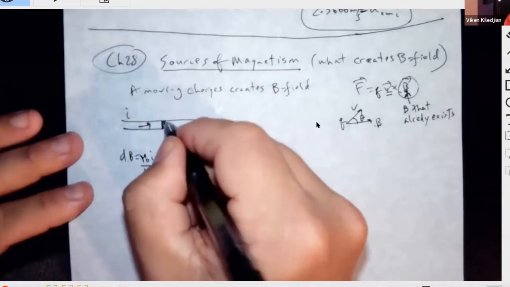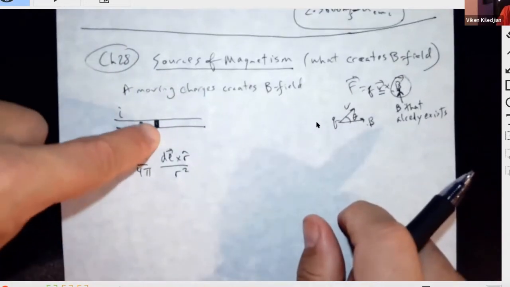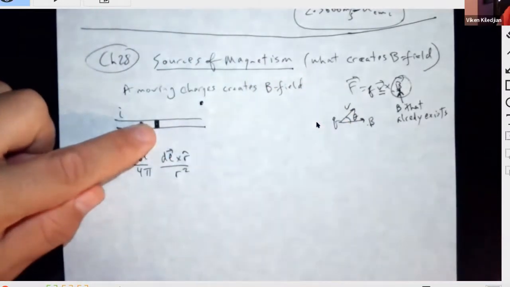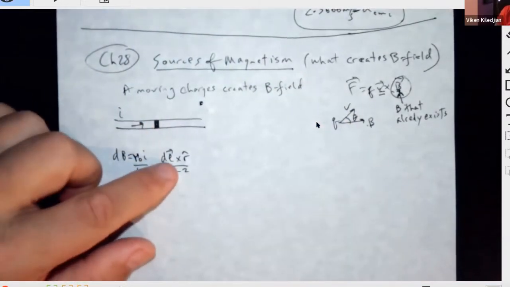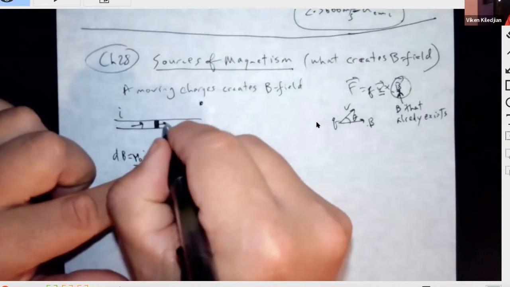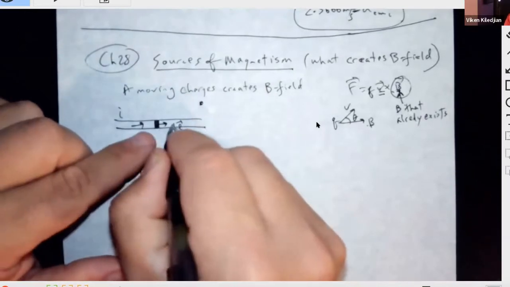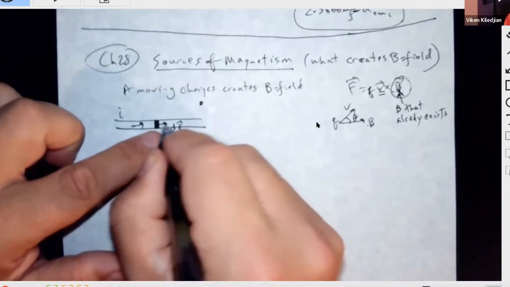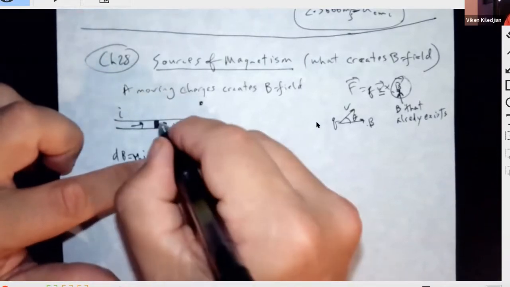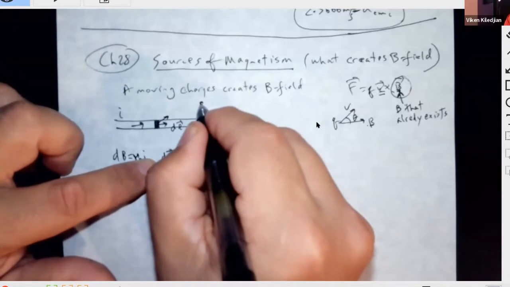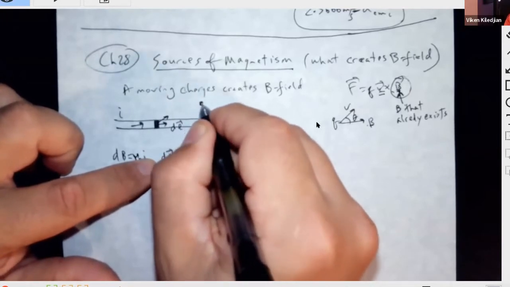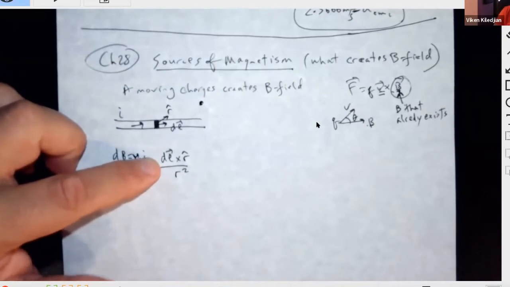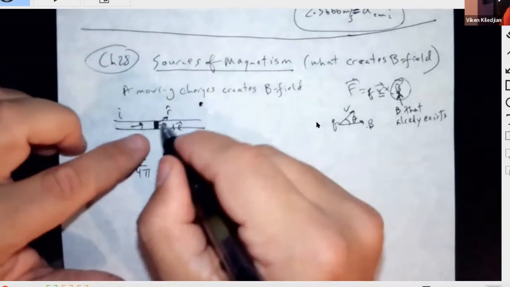So in other words, the magnetic field created by this piece at that location is going to be the dl vector, which is to the right. If the current is flowing to the right, then the dl vector is flowing to the right. The r hat vector is a vector pointing in the direction of that point, and the r squared is the distance between them.